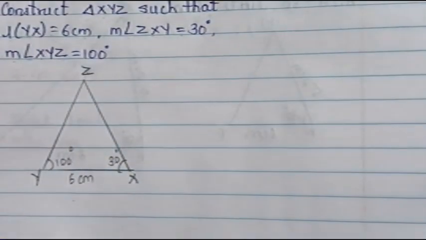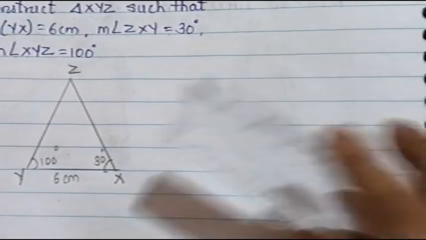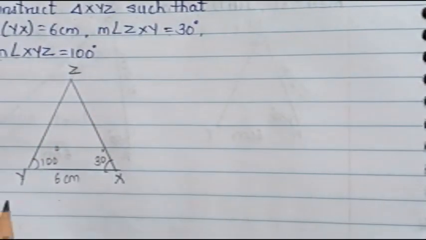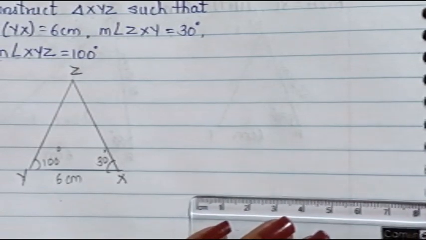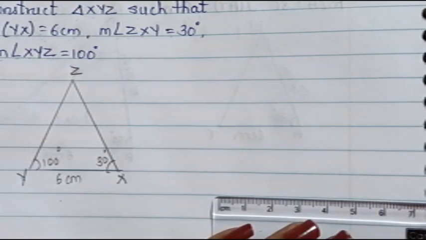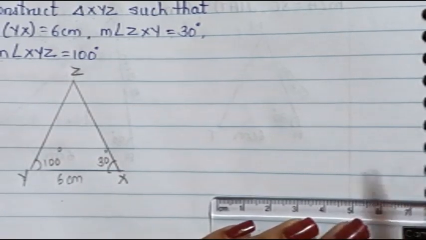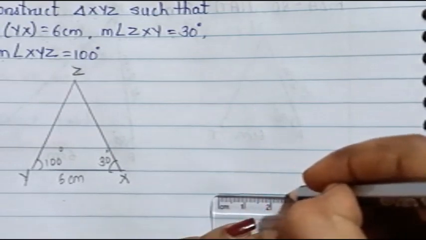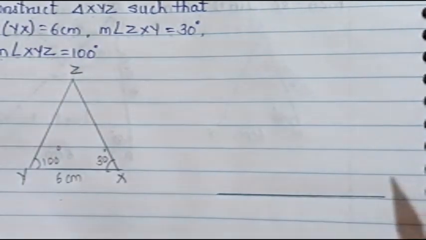So now with the help of this rough figure we will construct the triangle. Okay. So very first thing is that we will draw the base. The base is of how much? 6 centimeter. So I'll draw it a little bit here. Clear? Okay.